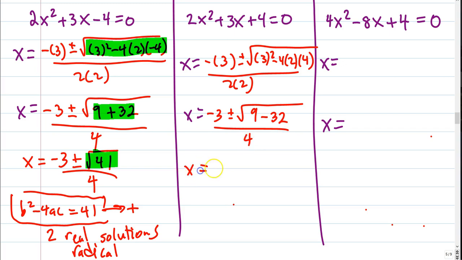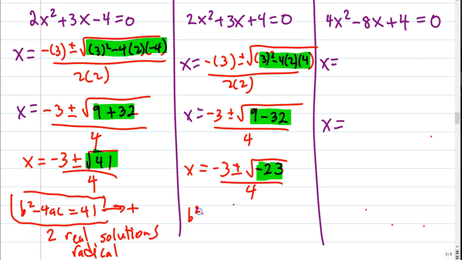X is equal to negative 3 plus or minus the square root of, is that negative 23? I can see the solutions here because I now would need to try to simplify the square root of negative 23. This is really all I need to look at. I can tell how many solutions there are going to be just by looking at the discriminant. The b squared minus 4ac, the discriminant, is negative 23.